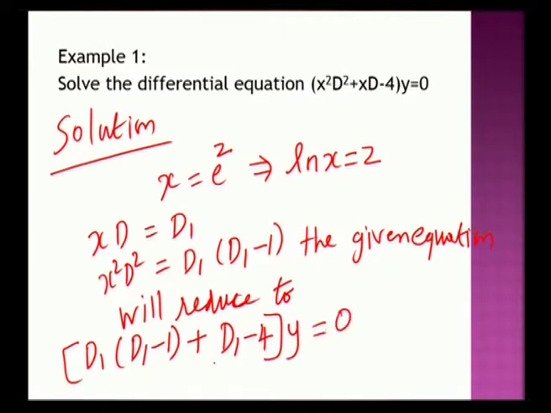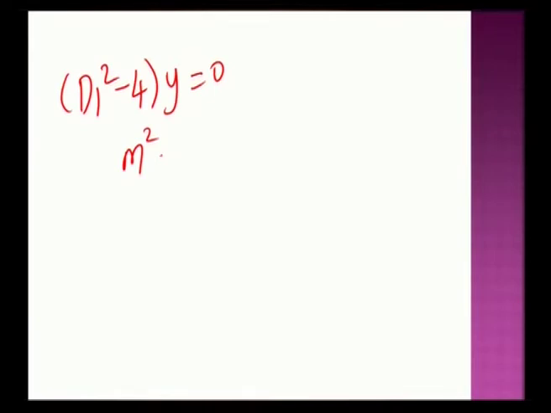Now, if you simplify this, that equation will reduce to d1 square minus 4 into y is equal to 0. This is how that equation will reduce. Now, we can use that characteristic equation method to solve this differential equation. So, the characteristic equation is m square minus 4 is equal to 0. So, roots of this characteristic equation will be m is equal to 2 comma minus 2.